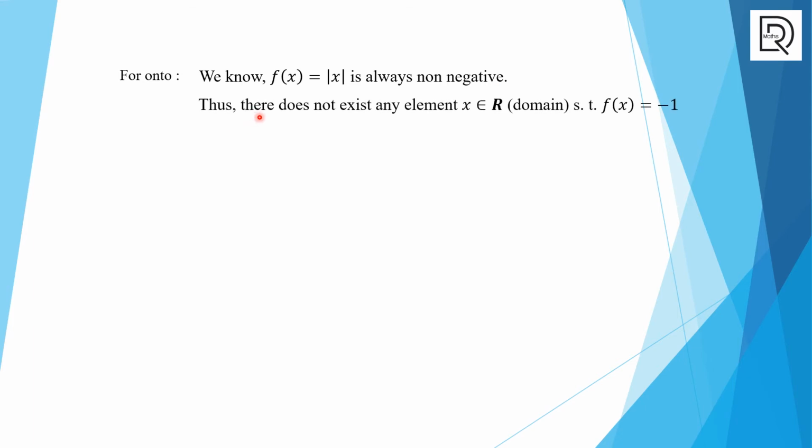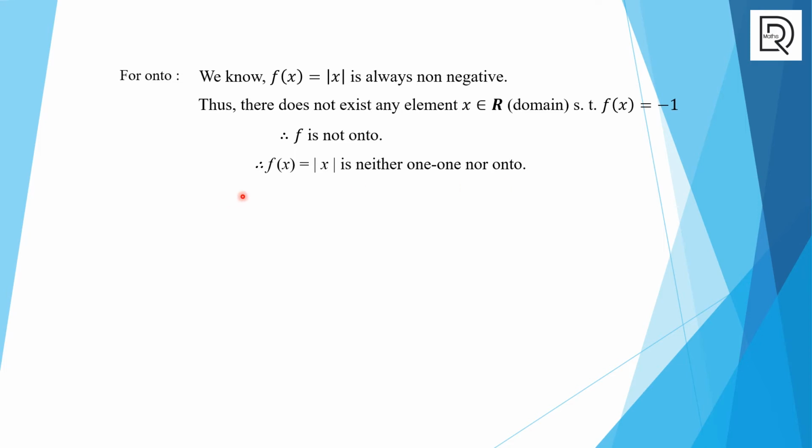So thus there does not exist any element x belongs to R such that f of x equal minus 1. That means if you take the negative values from the codomain, then these negative values have no pre-image in the domain. So therefore f is not onto.